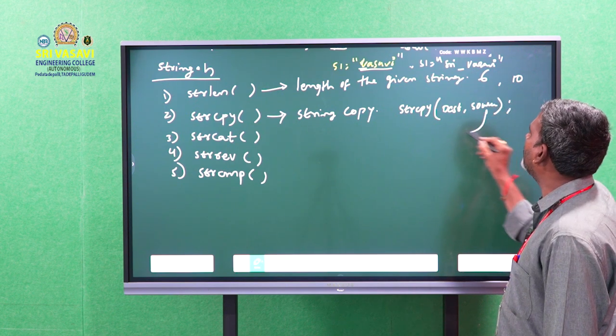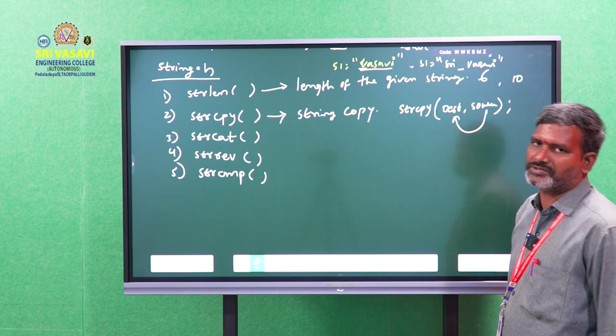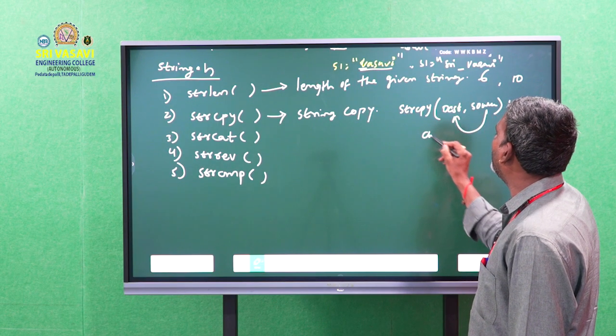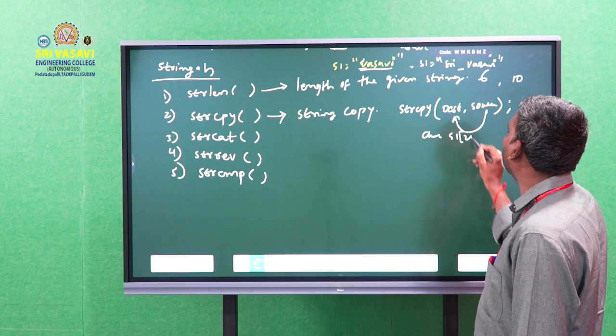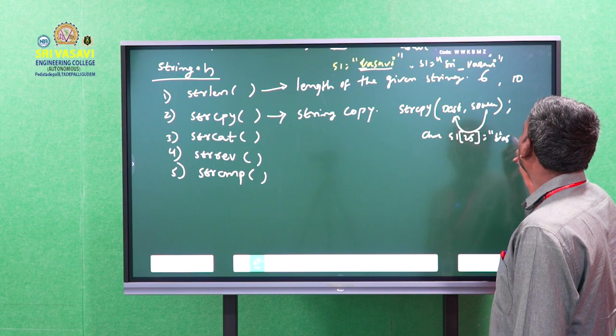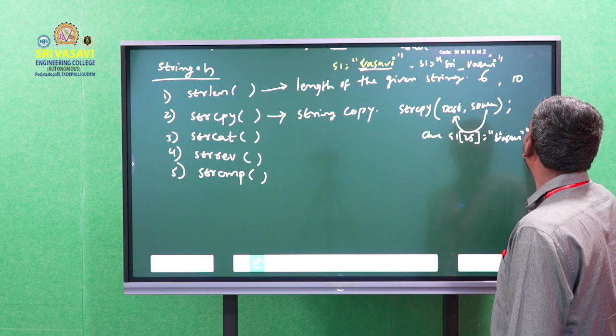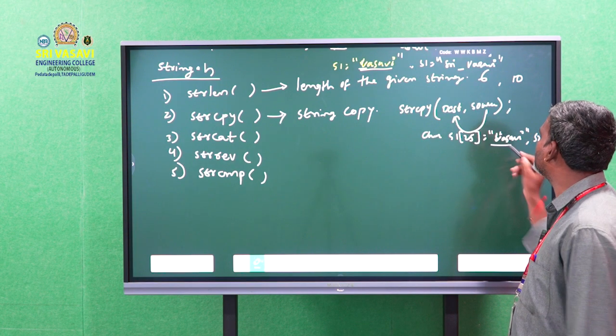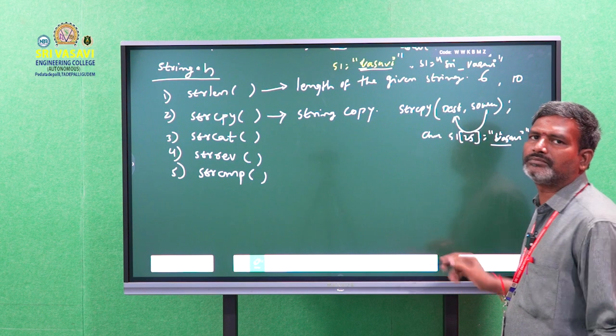The source value is copied into the destination string. The example: char s1 of 25 is equal to Vasavi and s2 of 25. s1 contains the Vasavi string and s2 contains nothing.